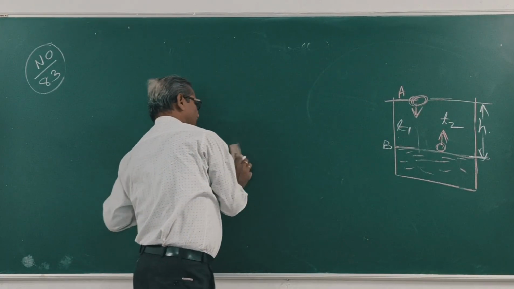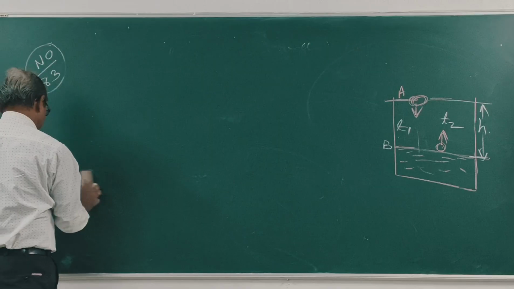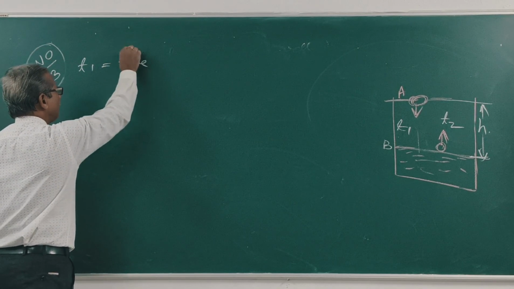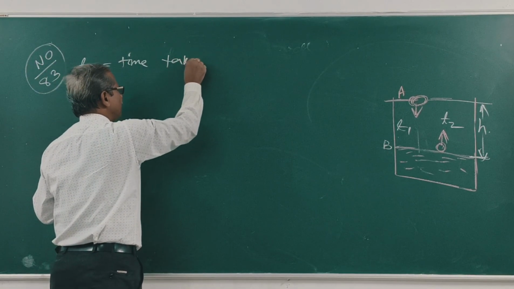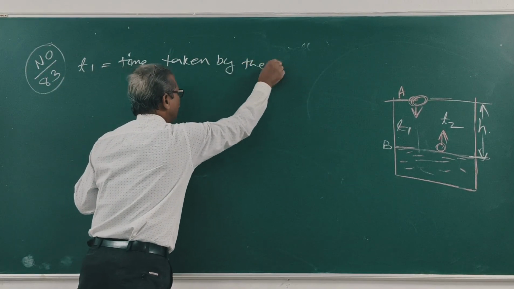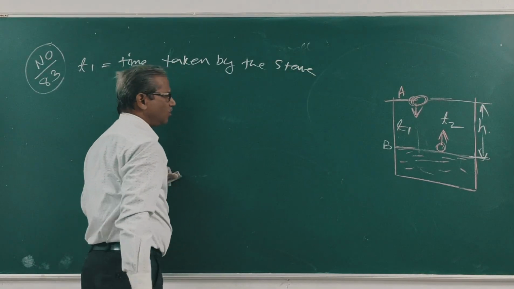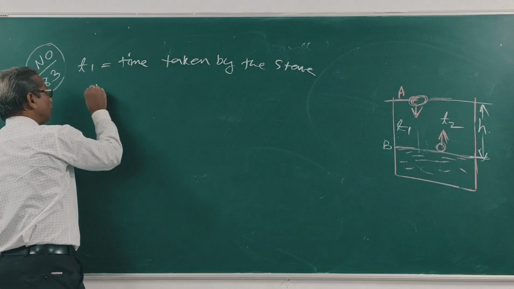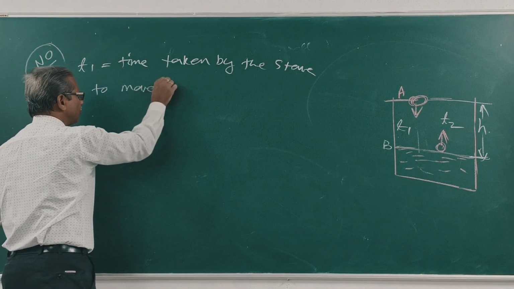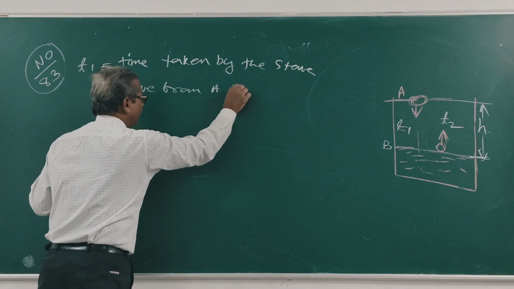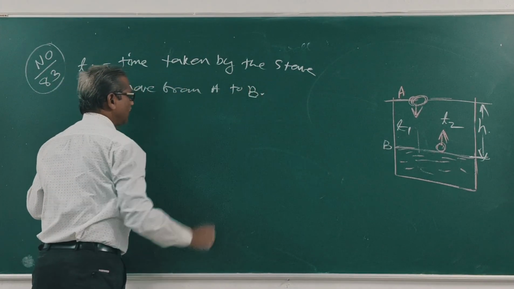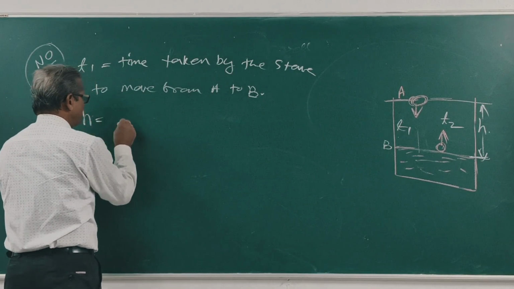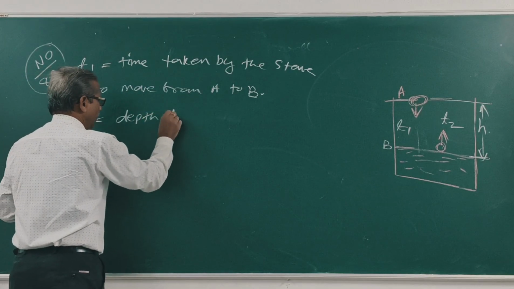Let T1 be the time taken by the stone to travel from A to B. Clear? H is equal to the depth of the well.